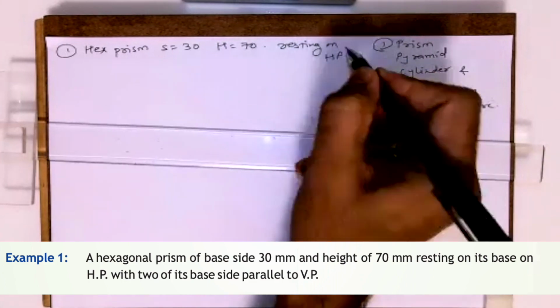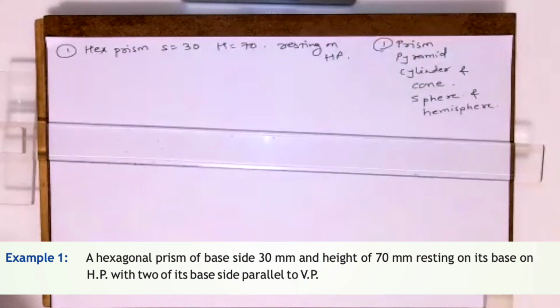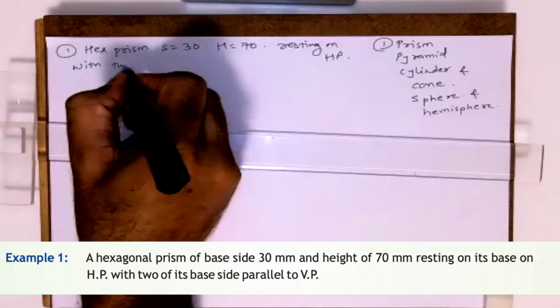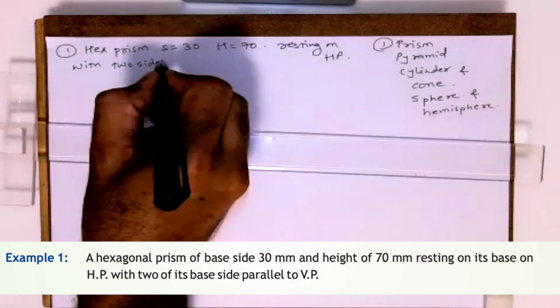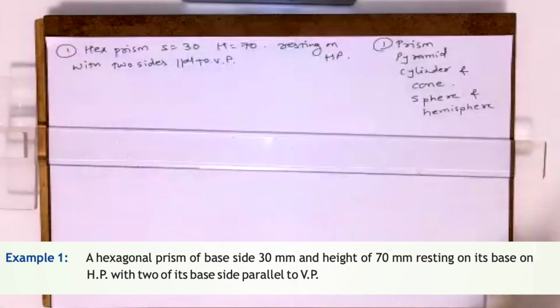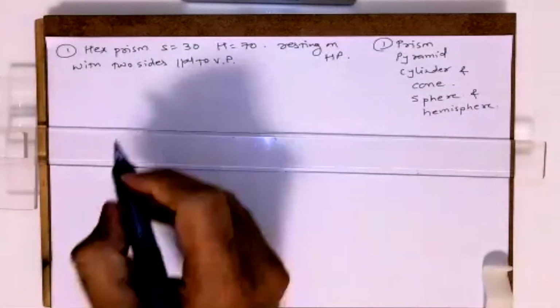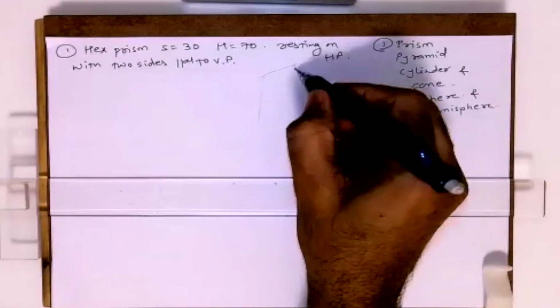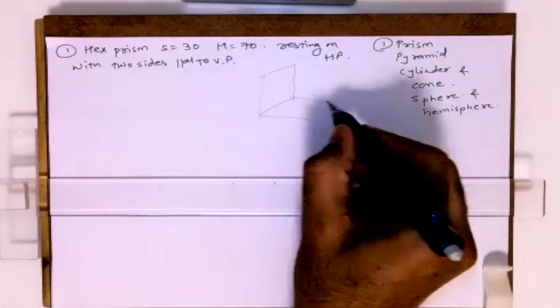See, whenever they say resting on HP, it is resting on floor with two of its base sides parallel to VP. So last year you people have studied projection of solids. I'll just revise. This is what it means by HP, VP.